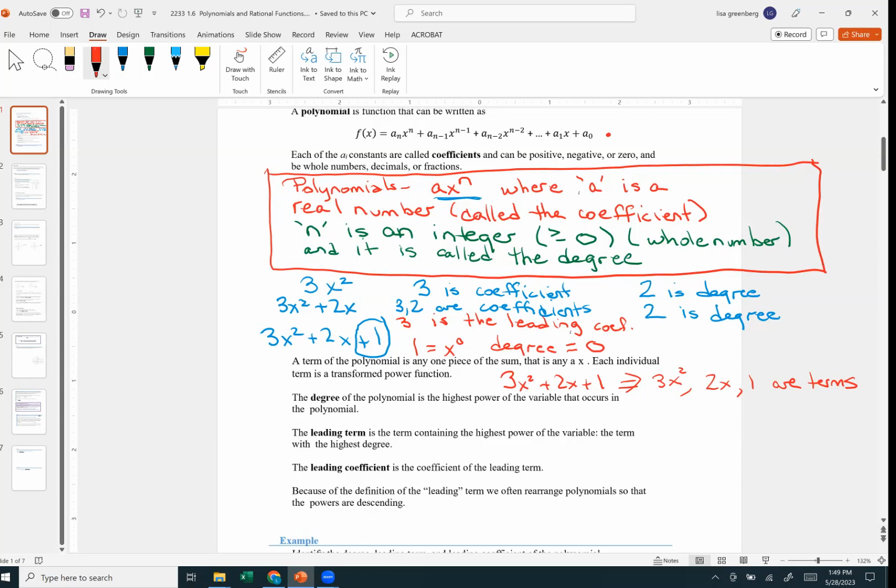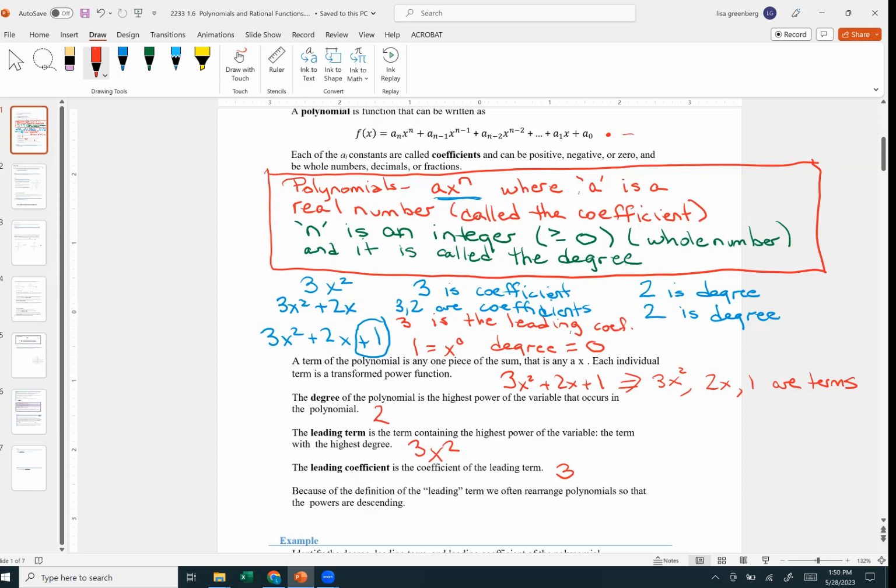The leading term is the term that contains the highest power of the variable. For our example, our leading term is 3x squared, and our leading coefficient would be 3. Because of the definition of leading term, we often rearrange polynomials so that the powers are descending. That's basically what this says.